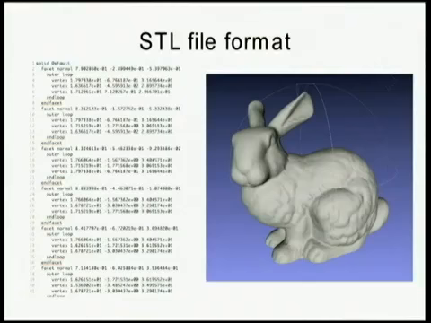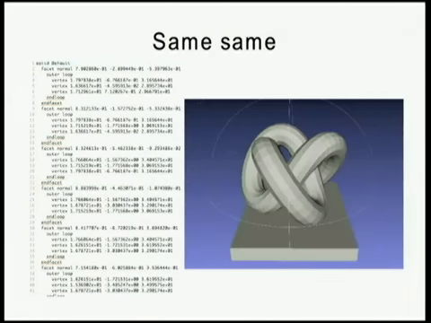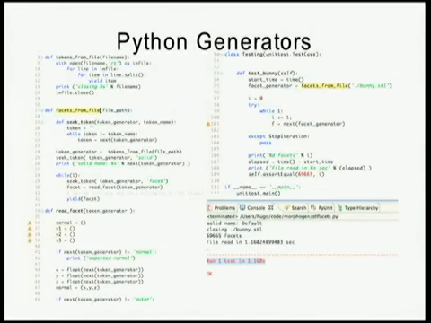So, STL files. The bunny on the right is entirely made from the triangles on the left. The STL file is super simple. It's 3 points and a normal. If it works for the bunny, it works for a hexagon, and it works for the 3D knot. So it's also very easy in Python to write simple programs to parse these things.